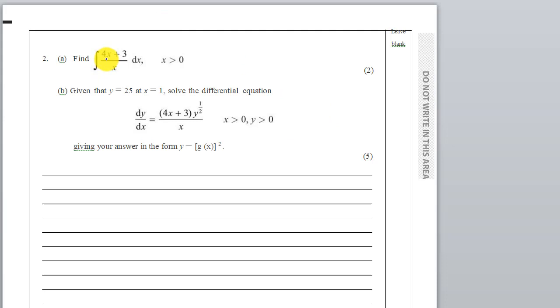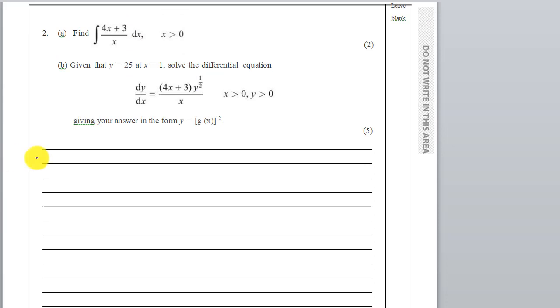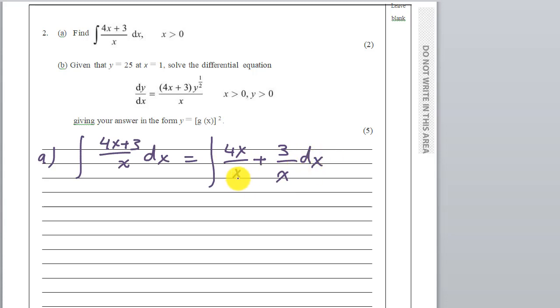Find the integration of (4x + 3)/x dx, where x is bigger than 0. So he needs the integration. So the integral of (4x + 3)/x dx is equal to 4x/x + 3/x dx.